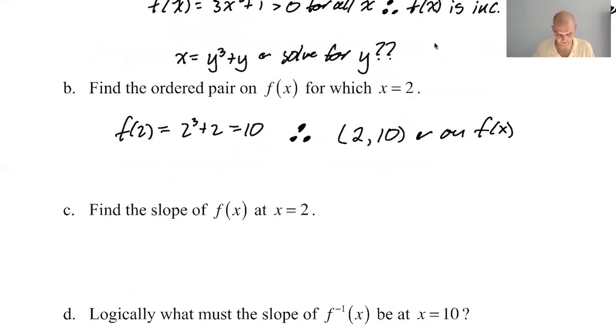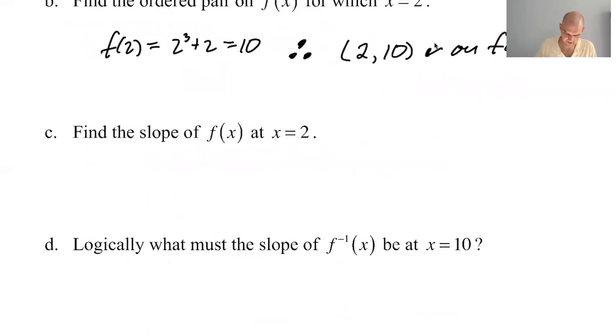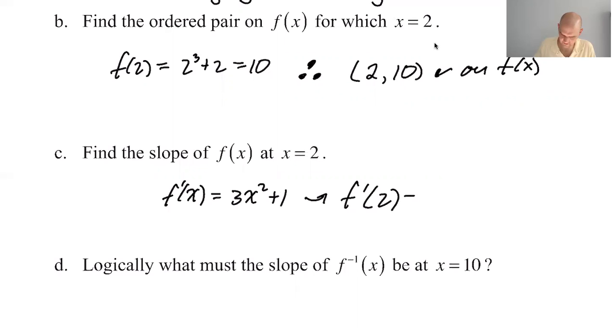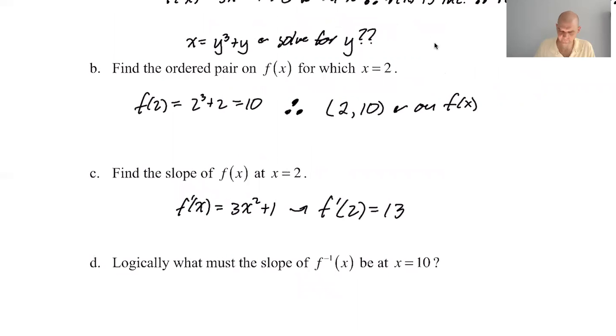Now find the slope at 2. f prime of x, we already said, was 3x squared plus 1. So f prime of 2 is 3 times 4 is 12, plus 1, so 13. We're basically done.